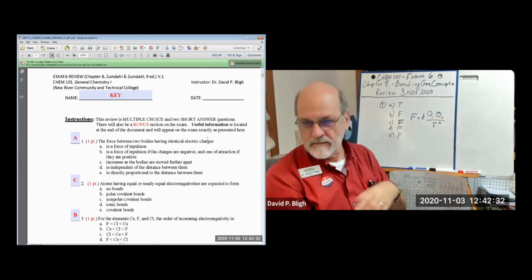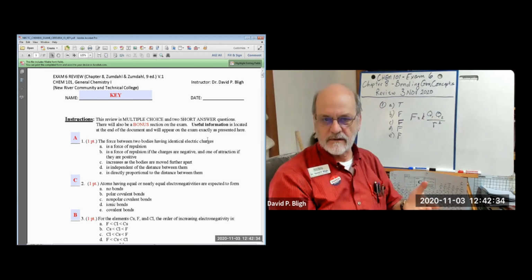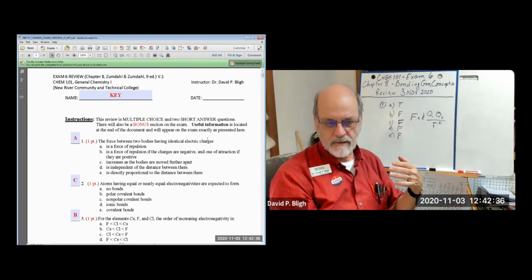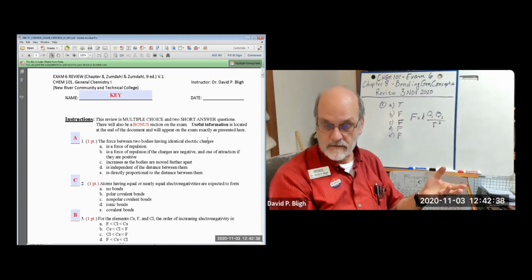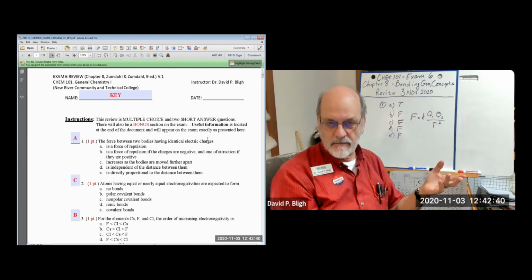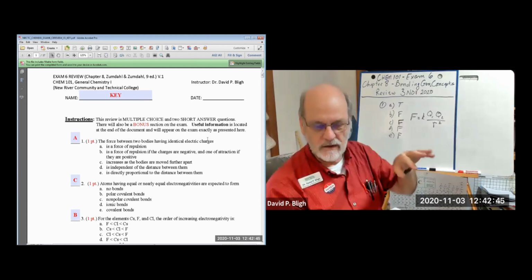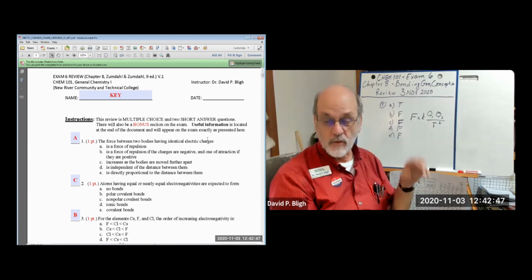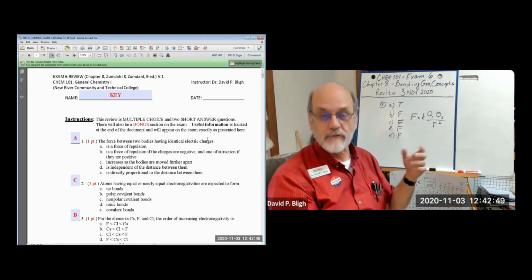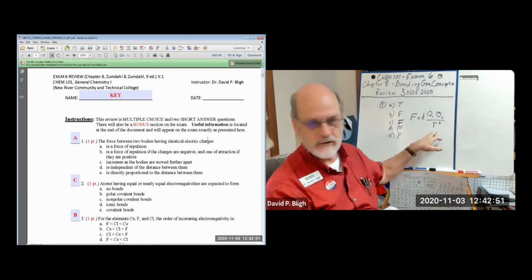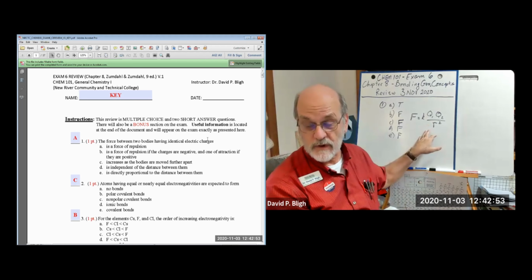So this is a common phenomenon in physics. It's called the inverse square law. It has to do with forces between objects.